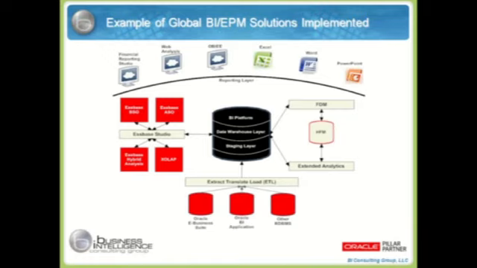So at the bottom of the slide, you'll notice that we're essentially assembling the various relational data sources through an ETL tool, typically Informatica, and staging that information in a data warehouse or a data mart. To the right, you'll notice that we have HFM depicted.